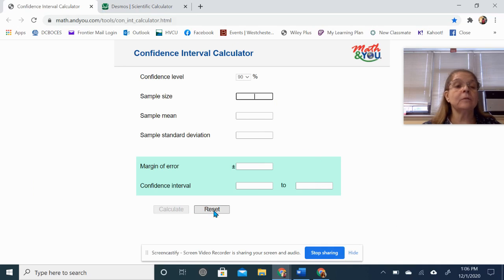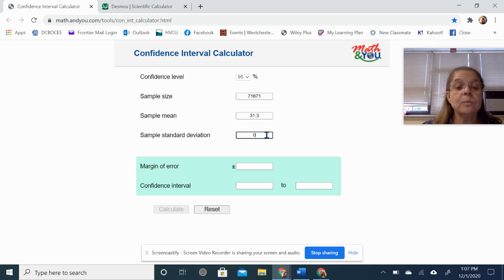I'm going to reset. I am looking for the 95% confidence interval. The sample size was 71,671. The sample mean was 31.3 percent, because it was 0.313.